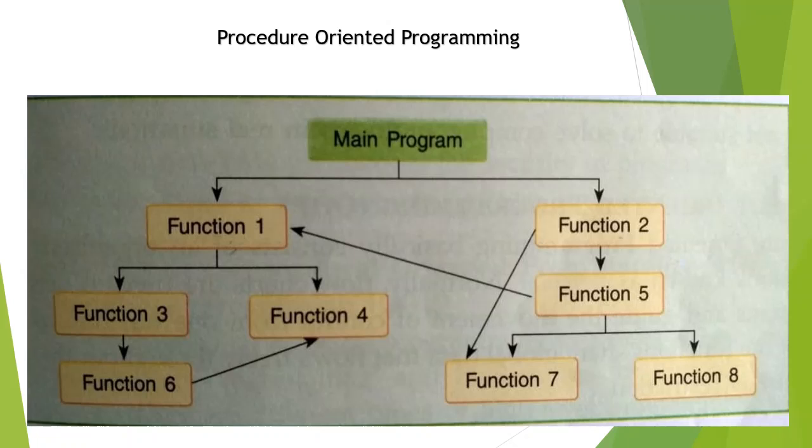So data security is not there in procedure-oriented programming. We are giving importance only to the functions and how to perform a particular task. Functions share the global data and the data moves from one function to another.